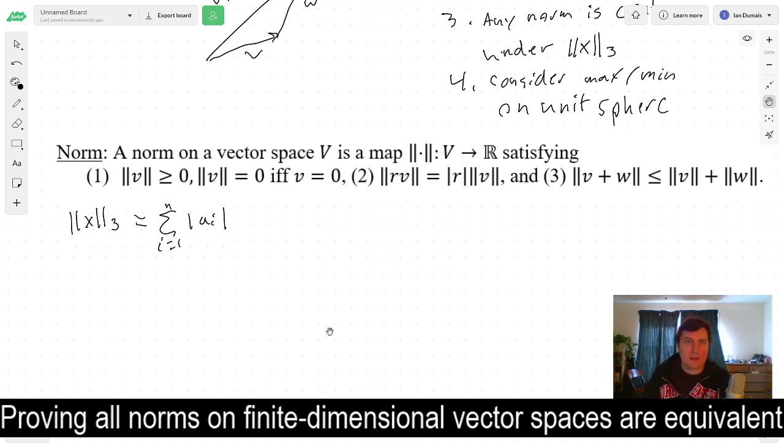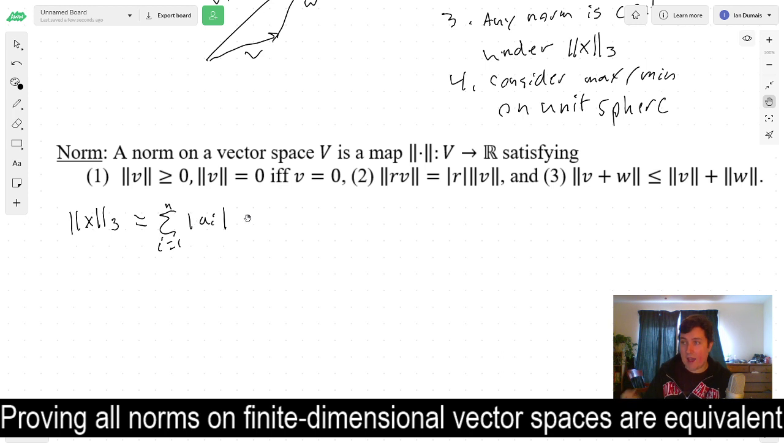Okay. So we want to show this is a norm. Again, we're taking basically the absolute value of the coordinates based on the basis vectors, but you could think of them like coordinates, and adding them up. So is this a norm? For the first condition, it's pretty clear to see that it is.